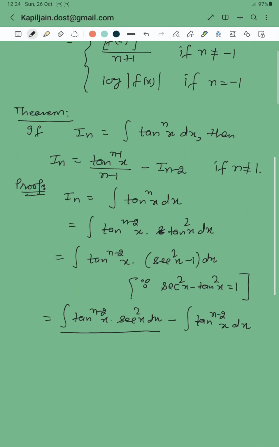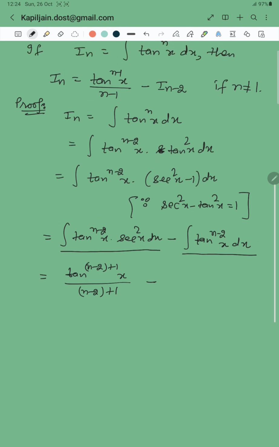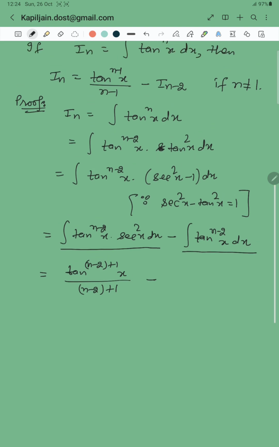So by using this theorem, we can write this integral becomes tangent raised to power n minus 2 plus 1 x divided by n minus 2 plus 1 minus, and second integral we can see that In is equal to integral tangent raised to power n x dx.